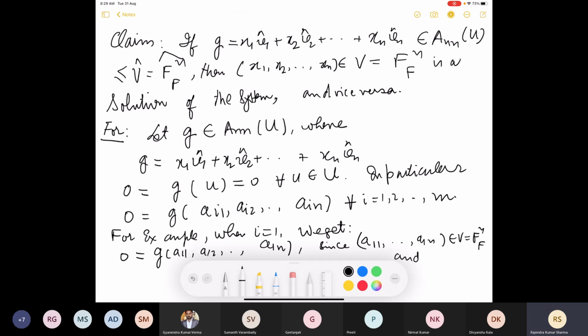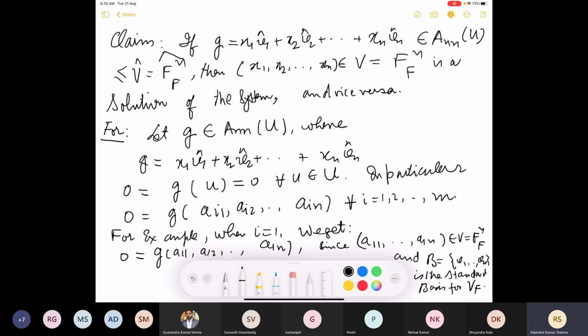And the basis B here, v1, v2, ..., vn, we know is the standard basis of V over F. And v1 we know is 1, 0, 0, ..., 0, v2 is 0, 1, 0, ..., 0, vn is all zeros with the last entry 1.